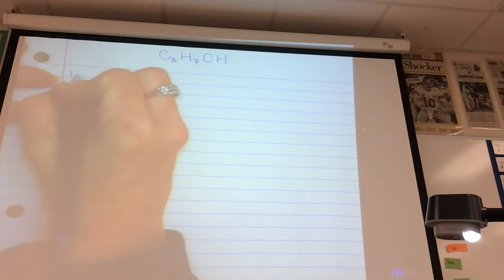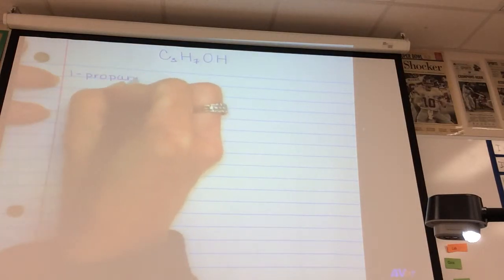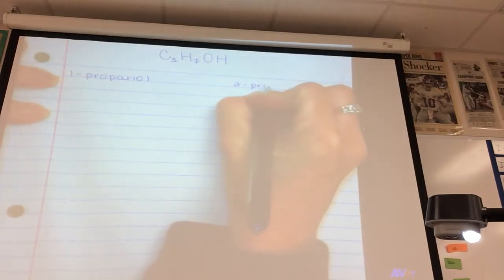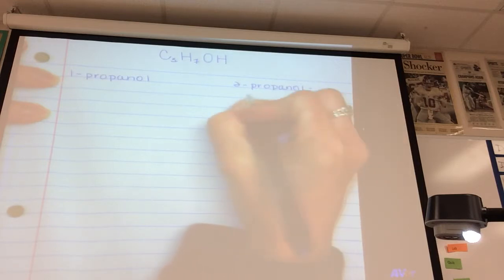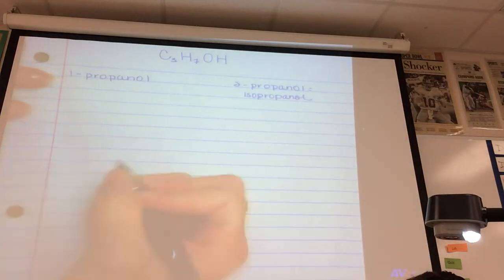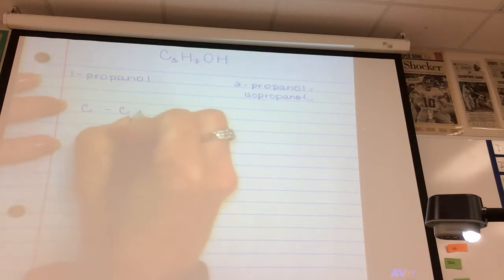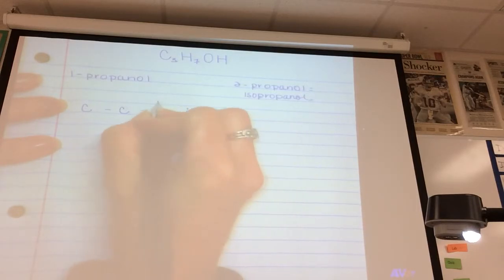You could have 1-propanol, or you could have 2-propanol, which is isopropanol. Isopropanol is rubbing alcohol. In this case, you have C, C, C, and the OH comes off an end carbon.